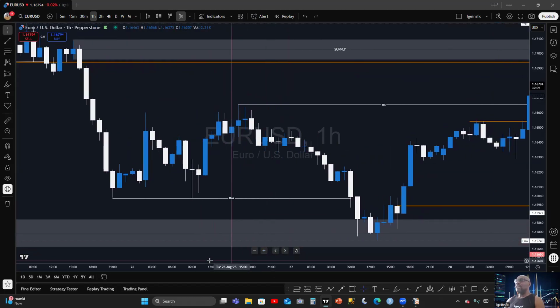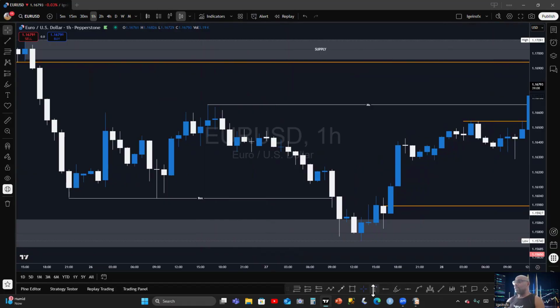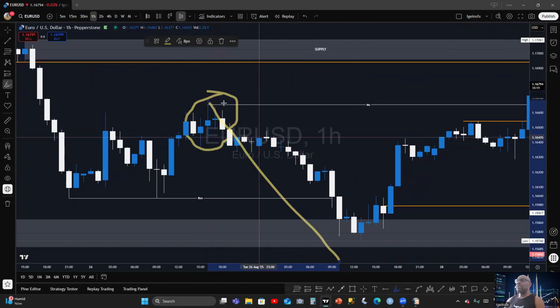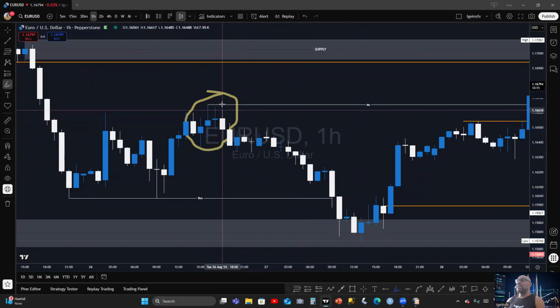Look at it here again. The ability to recognize it is what matters. Look at it here again. It made a formation. The next thing, the market drops. You see, this is a formation. After that, the market drops. It's telling us that the market is about to sell.